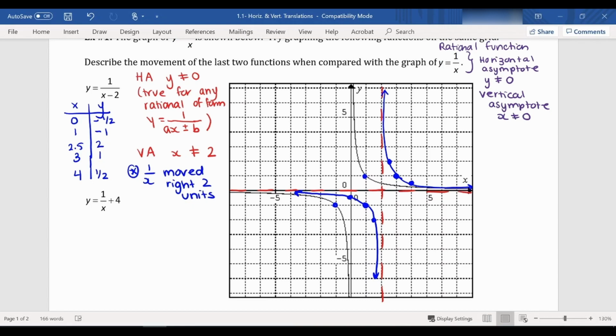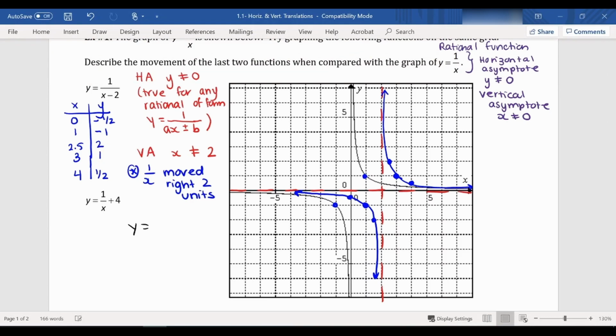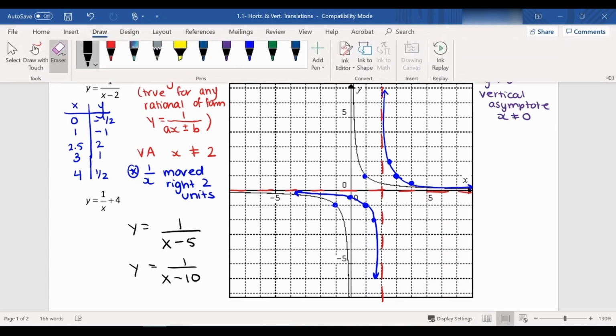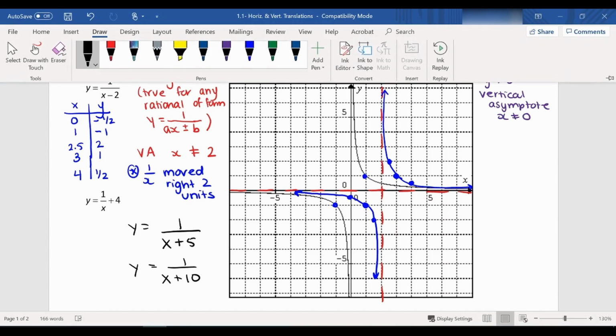So if I changed this and I wanted you to graph, you don't need to write this down, y equals 1 over x minus 5, that would move to the right by 5 units. Or y equals 1 over x minus 10, that would move to the right by 10 units. Okay. If I changed it to x plus 5, that's actually going to move to the left in the opposite direction. Or x plus 10 would move to the left by 10.